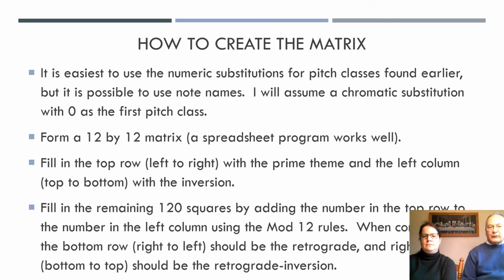Form a 12 by 12 matrix. A spreadsheet program works well for that. Fill in the top row with the prime theme and the left column with the inversion. Then fill in the remaining 120 squares by adding the number in the top row to the number in the left column using the mod 12 rules.